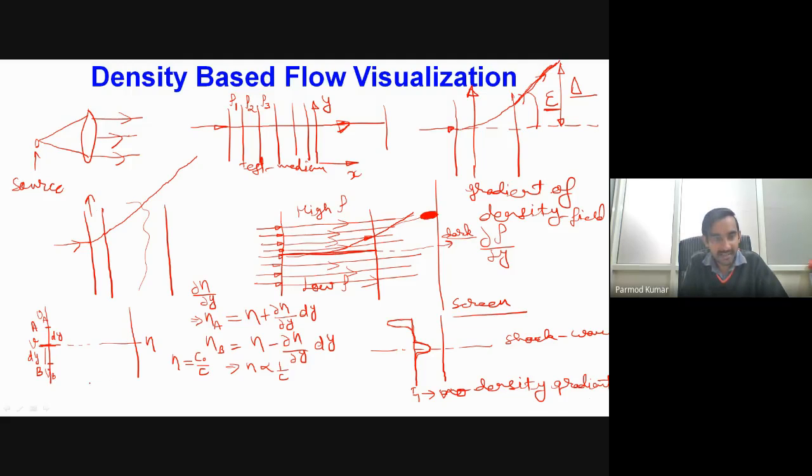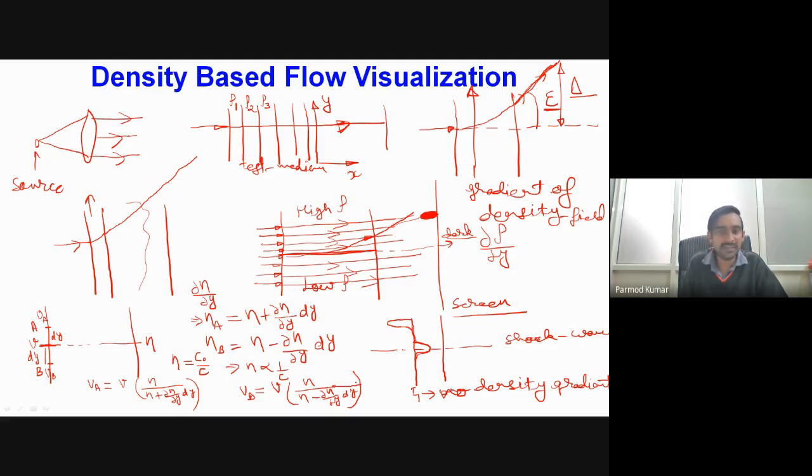Now I can write VA as V times n divided by NA, because speed is inversely proportional to refractive index, where NA is n plus del n by del y into dy. Similarly, the velocity of the light ray at location B is V times n divided by n minus del n by del y into dy.